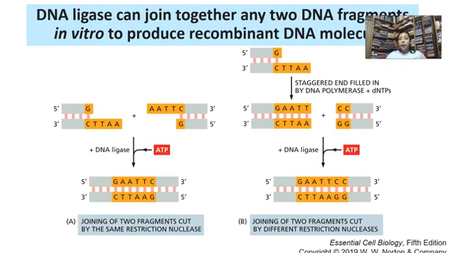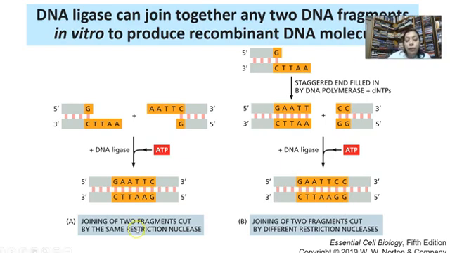We would provide it with an appropriate energy source in the form of ATP. We would provide DNA ligase so it can actually do the ligation reaction, and then the right temperature and the right pH, just like usual, so that the reaction can occur. And you would also provide it with the NTPs to fill in the gaps if there are any sticky ends, and then you are going to allow the reaction to occur at the right temperature so that you can end up with the joining of the two strands and getting that final molecule.